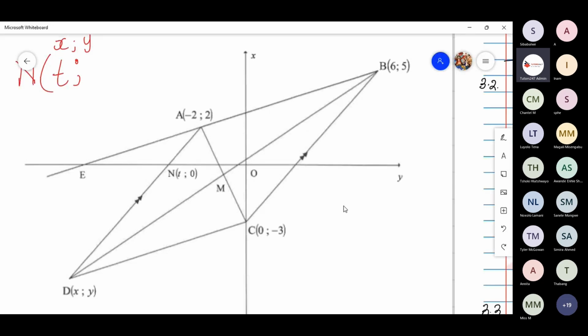M is your point of intersection of BD and AC, which are the diagonals of your parallelogram.